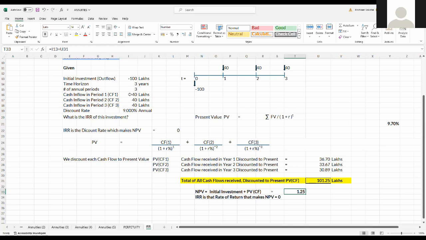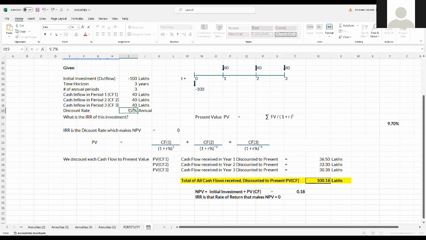Let's say 9.5. Still it's positive. It hasn't become zero, but we are quite close. If we put 9.6, still it is positive. Now let us look at 9.7. Voila.